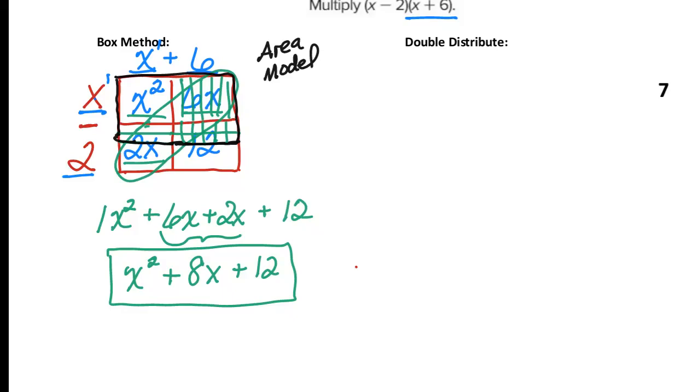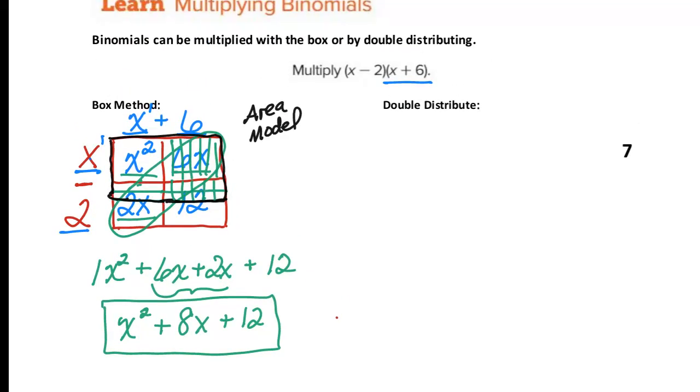Okay? Now, the other way to do it is called the double distributive. Okay? You start with your first term here, and you multiply it by the first term of the second binomial. So I'm going to say x, and we're going to distribute it with x plus 6.